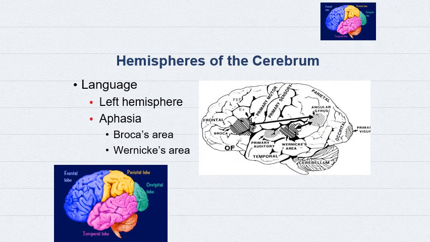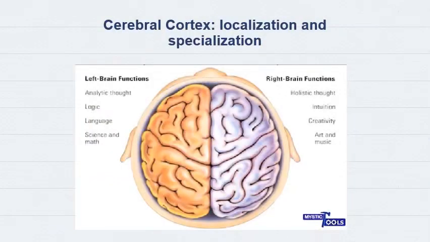Wernicke's area is the part of the brain located in the left temporal lobe, and it is associated with comprehension of language. So, Broca's is for speech, and Wernicke's is for comprehension of language. Okay, so we have here the cerebral cortex, localization and specialization. When you are left brain, or the left brain function of an individual is majorly about analytic thought, logic, language, science, and math.